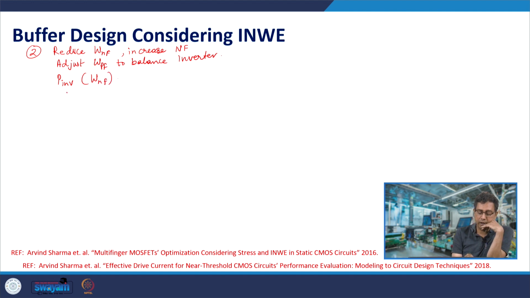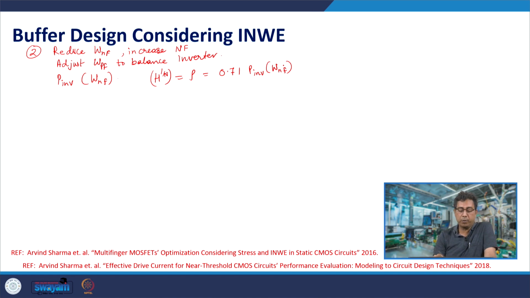Then we obtain the optimum value of h to the power 1 by n, which we call rho, as 0.71 times P inverter, for this finger width of the N MOSFET and the corresponding finger width of the P MOSFET, plus 0.73. That gives us this rho inverter, for this number of fingers or this finger width of the N MOSFET.